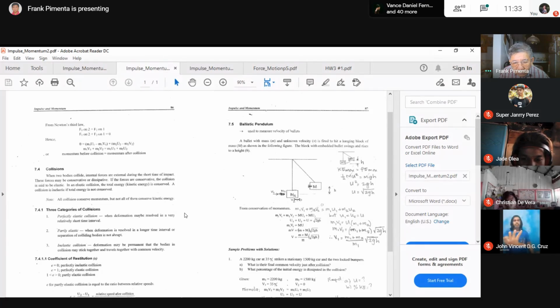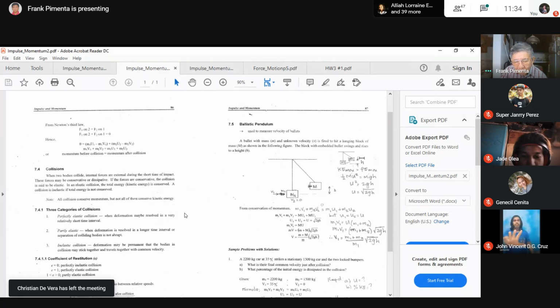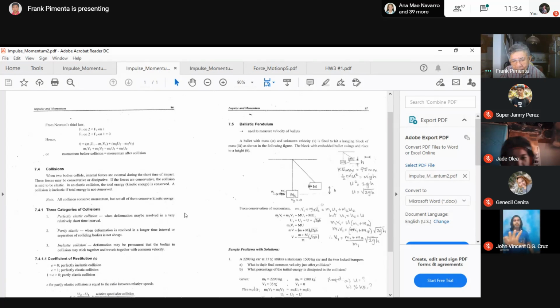The equation for conservation of energy is: the maximum potential energy is equal to the maximum kinetic energy at the lowest point. So kinetic energy maximum equals potential energy maximum at this point. What is the formula of kinetic energy? 1/2 mv squared.